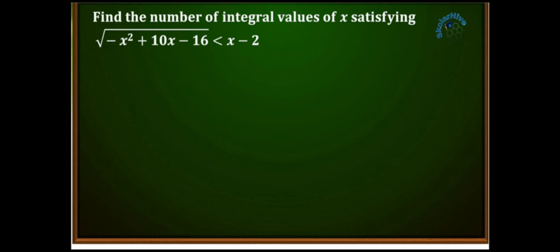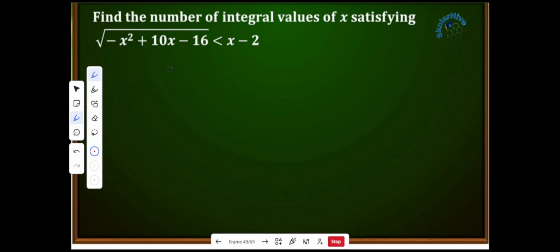Here we are given the square root of negative x square plus 10x minus 16 is less than x minus 2. Since a square root is there, whenever a square root is there, always go for the domain of the expression. The square root will be defined only if the expression inside is either equal to 0 or greater than 0.